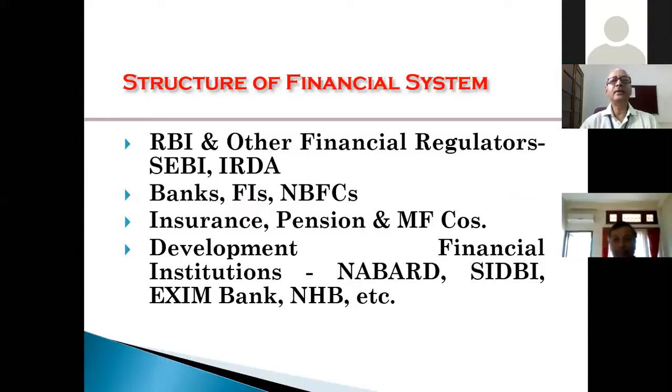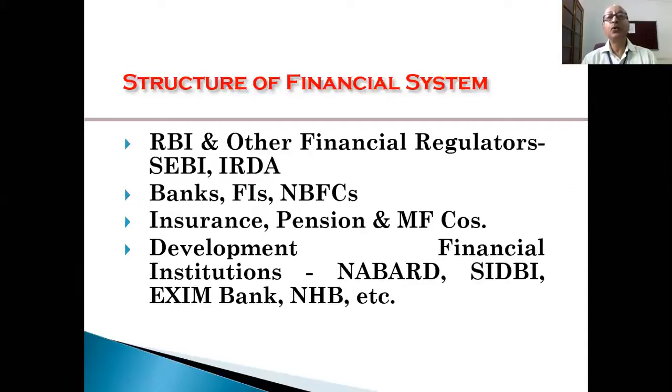So originally, they were all financial institutions looking after the long-term or the investment credit need of the borrowers. In course of time, it was realized that these agencies are not only financing, but they also have other roles, and that is why they are called development financial institutions.